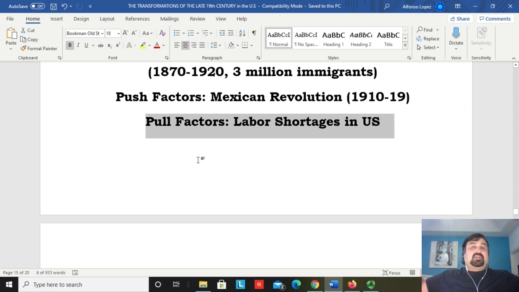labor shortages, particularly in the enterprises I discussed, particularly in the copper mines of New Mexico and Arizona, the agricultural companies in Texas and California that require agricultural labor, and at the same time, cattle ranching.